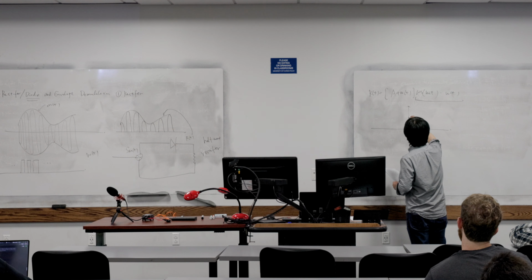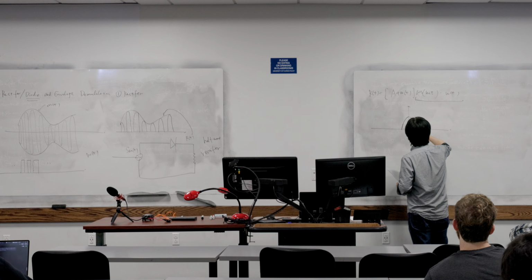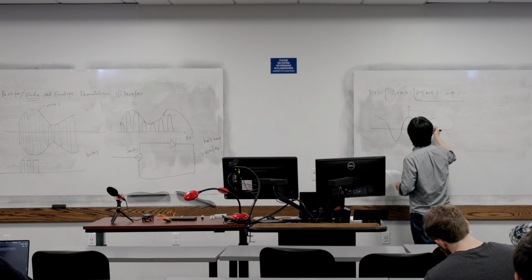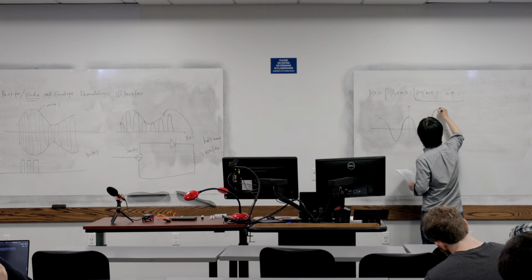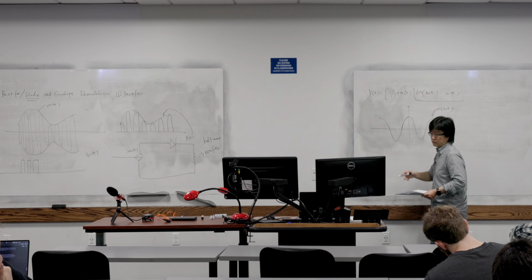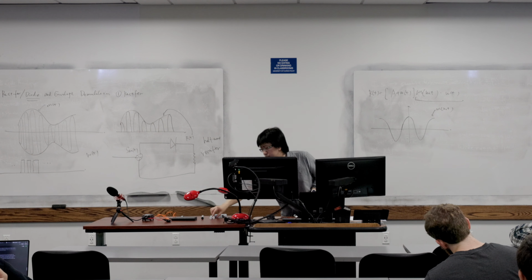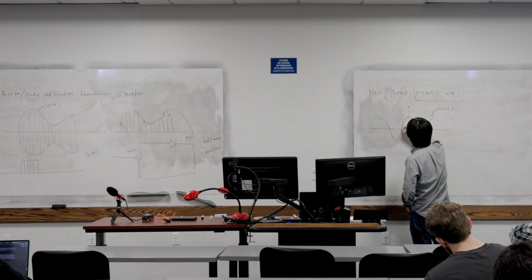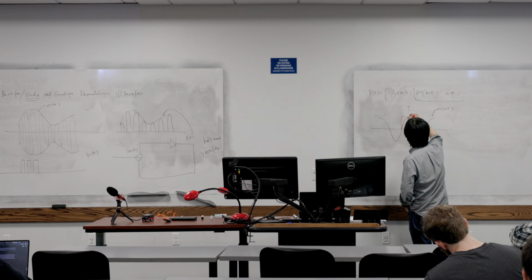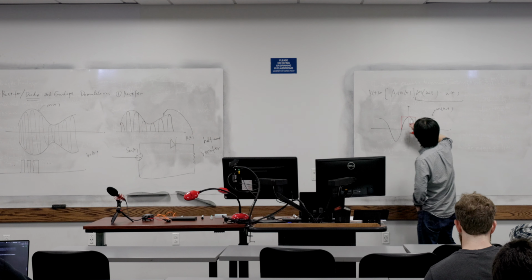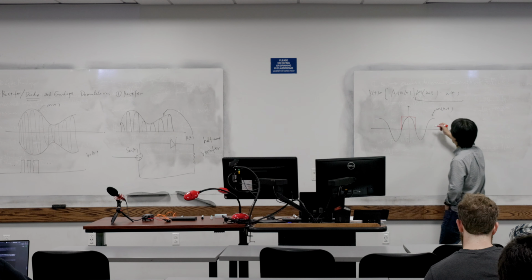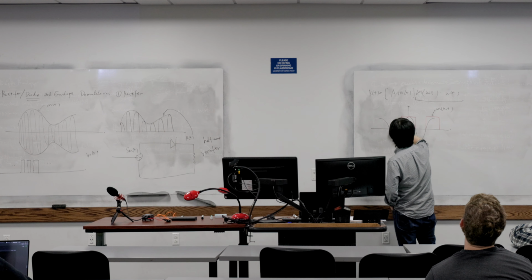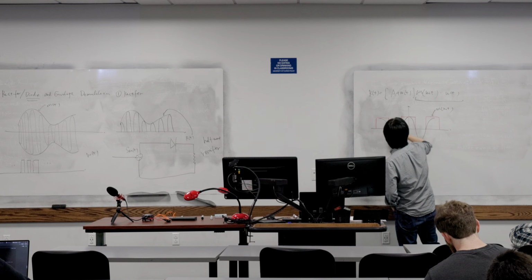This is our cosine omega_c t, and for this square wave, we pick the period to be the same as the cosine. Something like that, and so on.